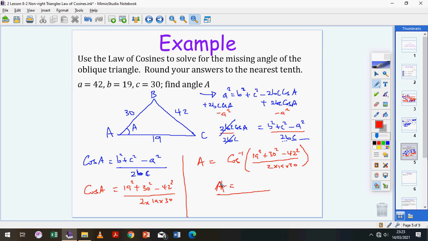Okay, 19 squared plus 30 squared minus 42 squared, close brackets, divided by 2 times 19 times 30, close parentheses. The inverse cosine of that is 116.2 degrees. So yeah, 116.2.